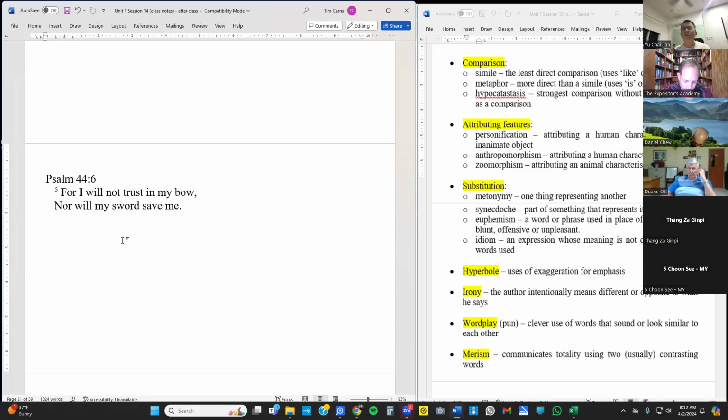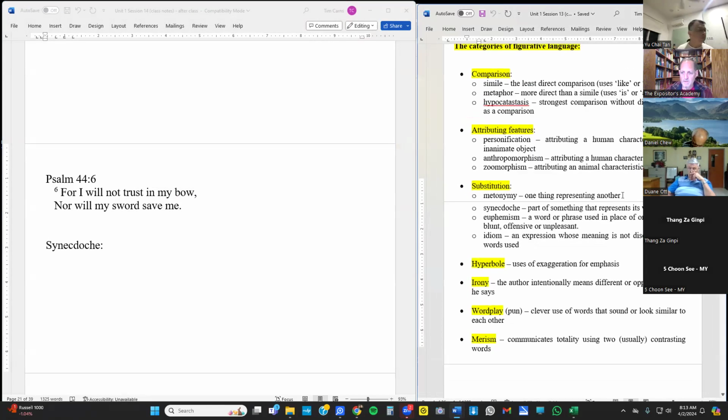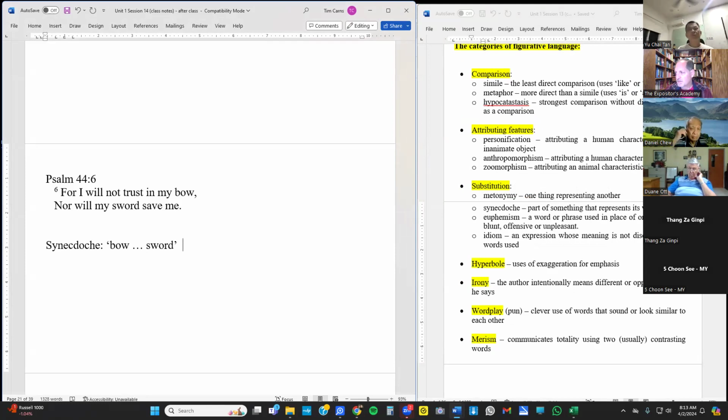I think possibly this one could be a form of synecdoche, which remember, synecdoche is part of something that represents the whole. Possibly the way David is using bow and sword here is representing all weapons.